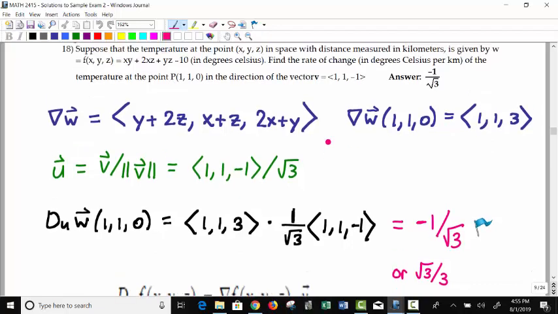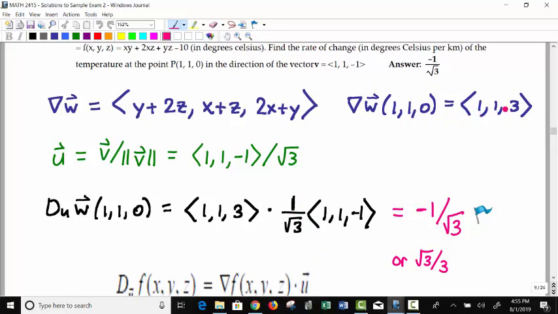I didn't show the calculation of the magnitude, but you should be pretty proficient at it. It's not too hard to figure out that the magnitude of vector v is square root of 3. So the unit vector would be the vector divided by its magnitude, that's (1, 1, -1) all over the square root of 3. I wrote it as 1 over square root of 3.